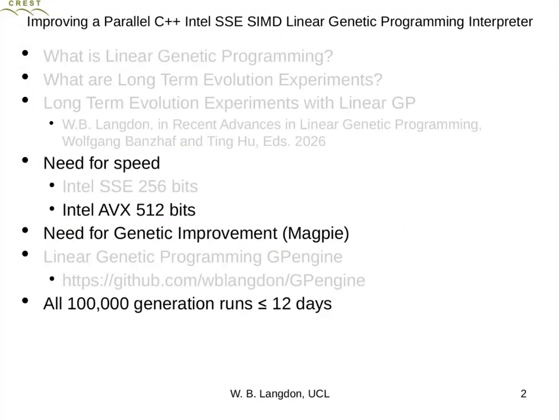So we took the manually produced version and fed it into Magpie to run genetic improvement to optimize it. As a result, we could run the linear GP system up to 100,000 generations, and all the runs completed in less than 12 days.